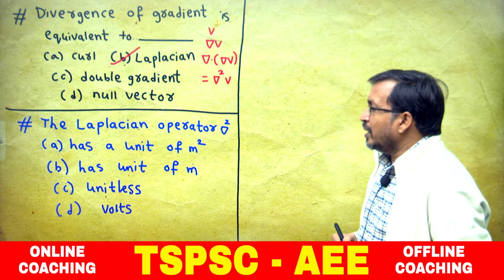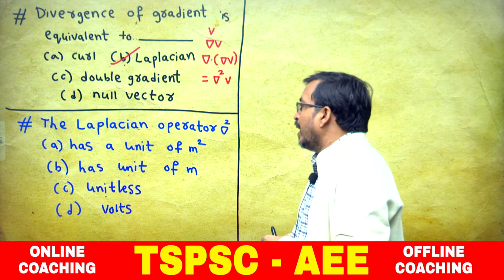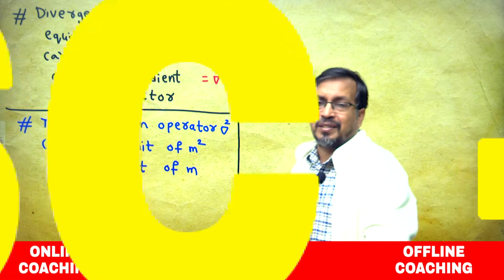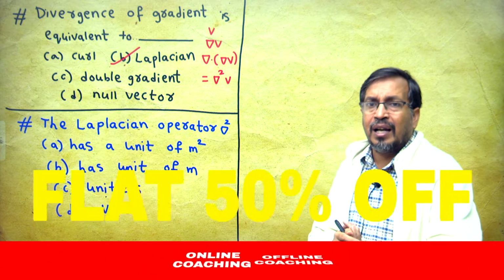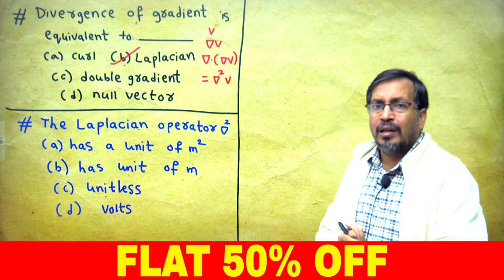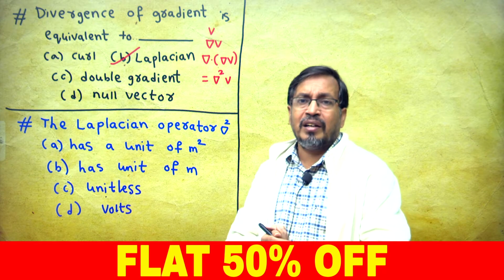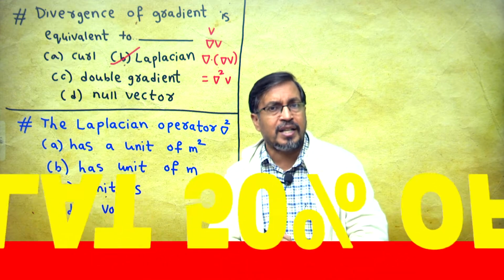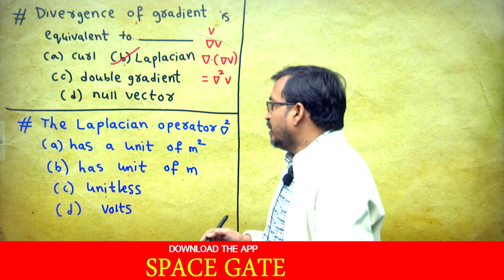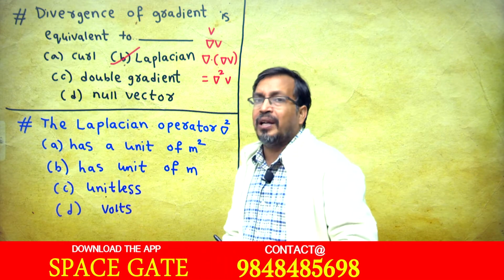Similarly, one more question they asked: the Laplacian operator del square units. See here, del is also known as nabla, it is a space operator. What is del? It is a vector differential operator. Remember, del units are per meter.